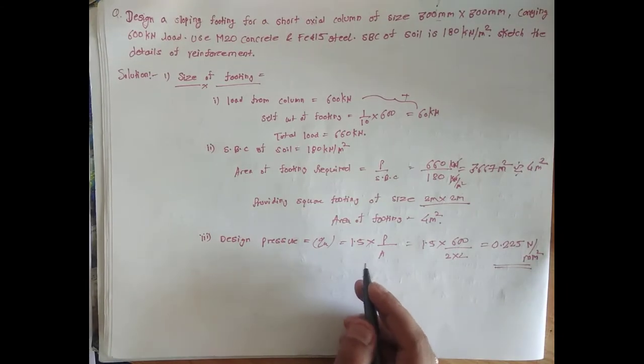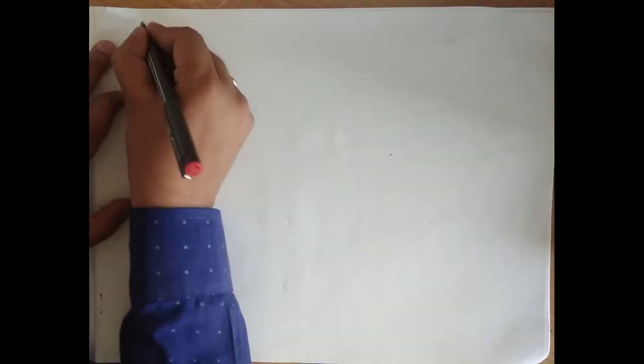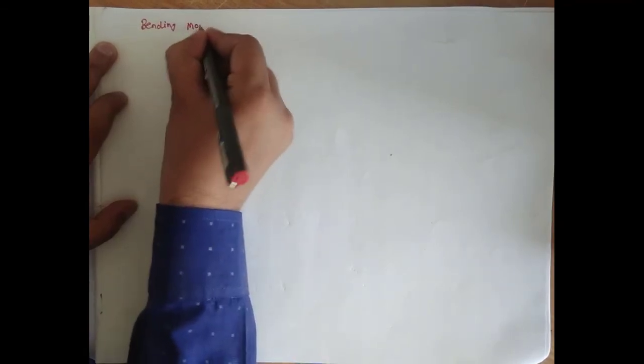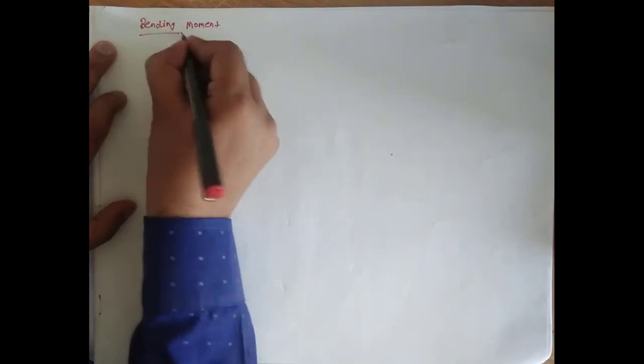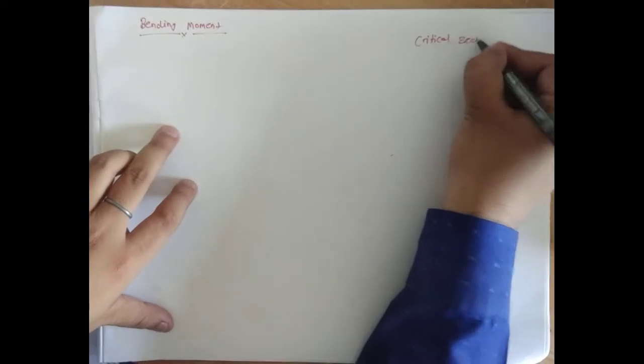Now on a fresh new page I will start with the design, the bending moment. Before that we should draw the critical section, the section where the loading will be critical.